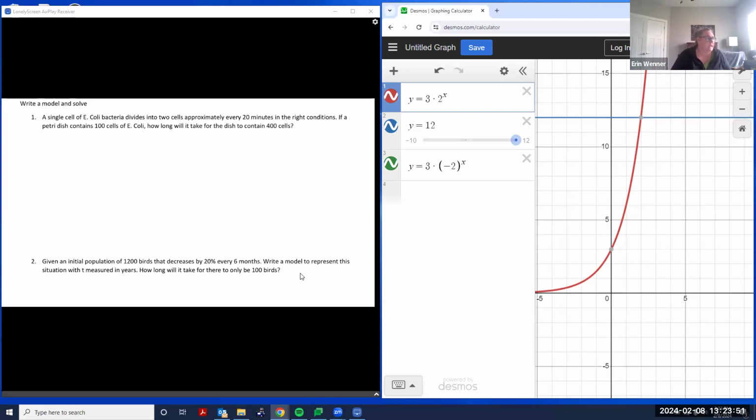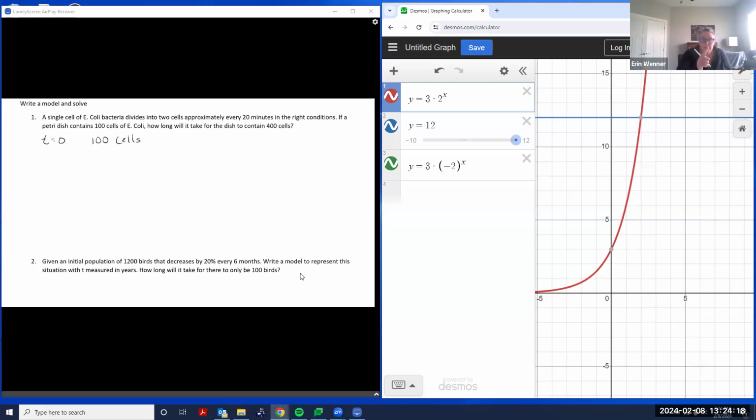So at time equals 0, we have 100 cells, right? If every cell divides into two cells, what does that mean is happening every 20 minutes? It's doubling.